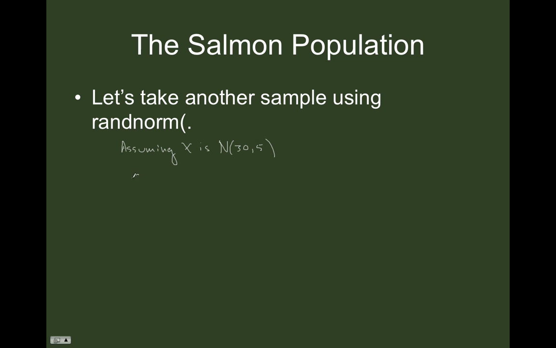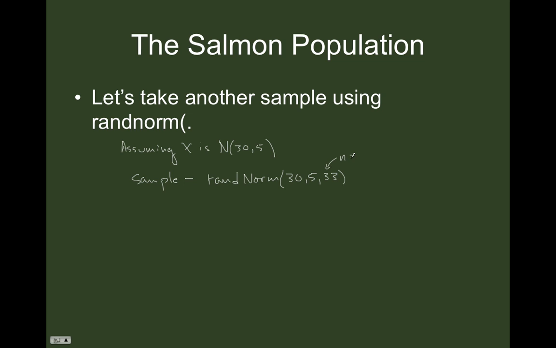So mathematically, I can sample from this distribution as follows. Use randNorm with 30, 5, and this will give me one sample. If I put a 33 at the end here, I'll get 33 values.